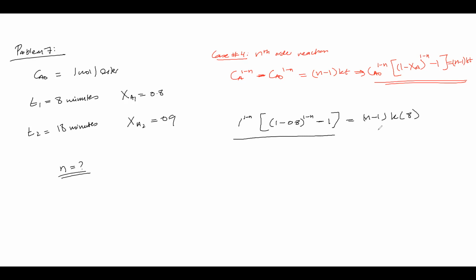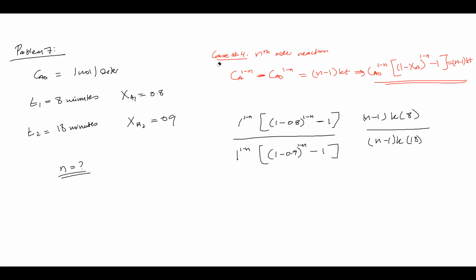And if I divide this by the second set of parameters, which is 1 to the 1 minus n into 1 minus 0.9 to the power 1 minus n, minus 1, is equal to (n minus 1) k into 18, right?